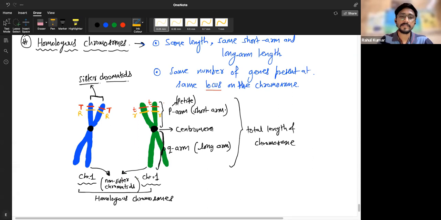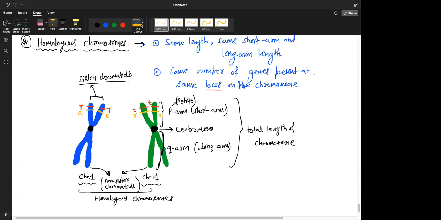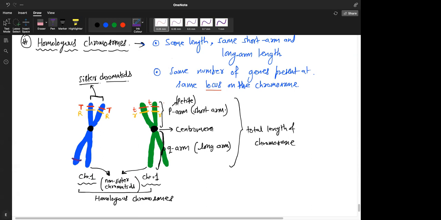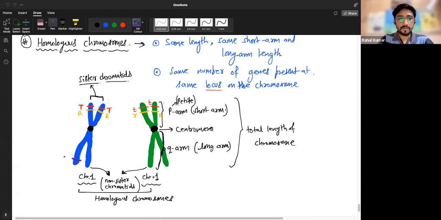Make sense? Are you with me? Now let me take another color. I'll take purple. Can you see, let's say there is another gene here on the Q arm, the longer arm. And this is for, let's say, yellow and green seed color.